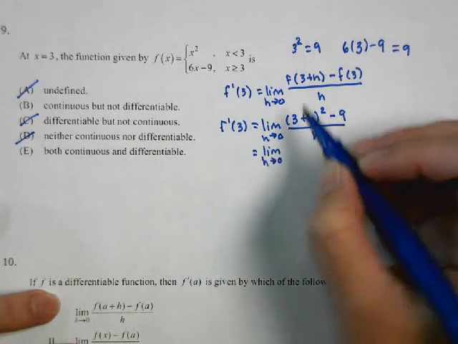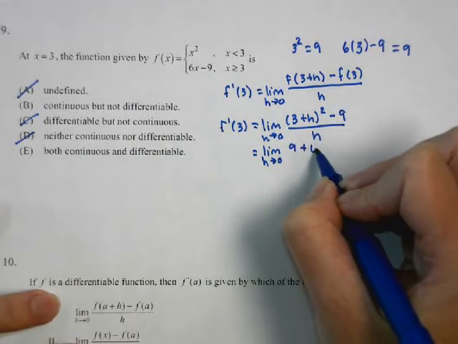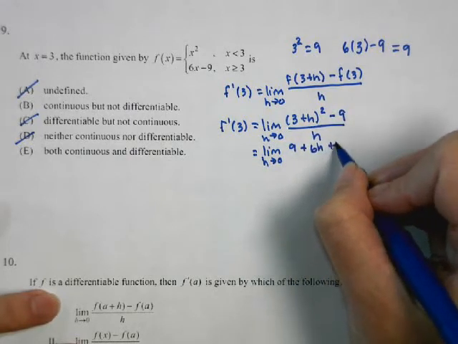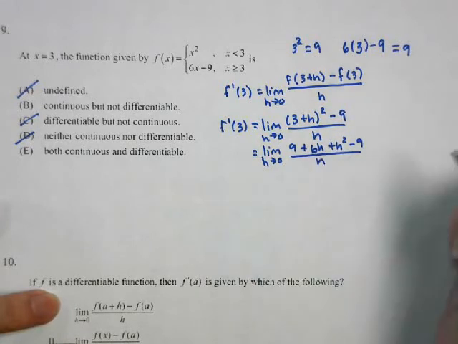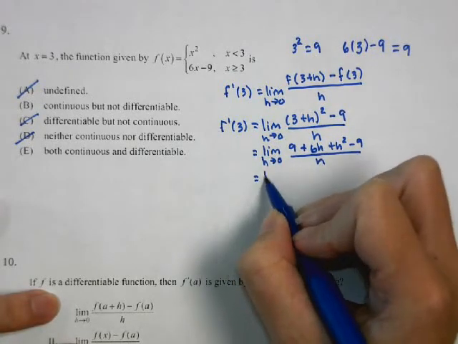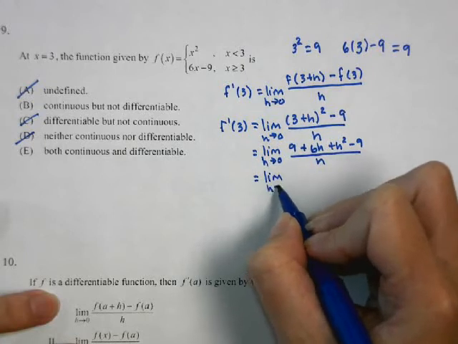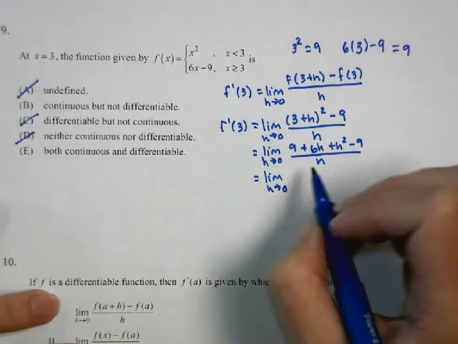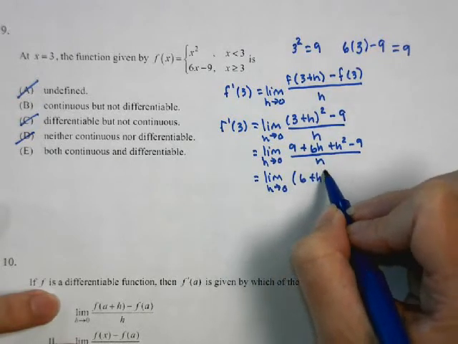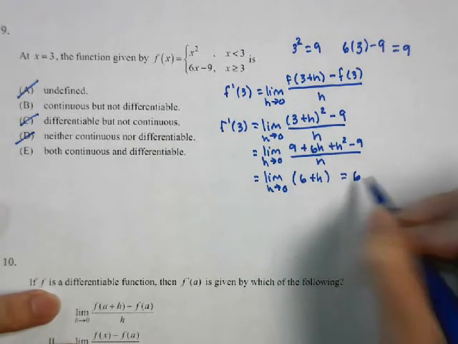So that's going to be 9 plus 6h plus h squared minus 9. So the 9's cancel. I'm left with a 6h and an h squared, so that'll be 6 plus h, as h goes to 0, is 6.